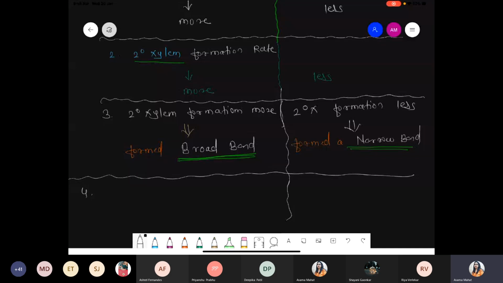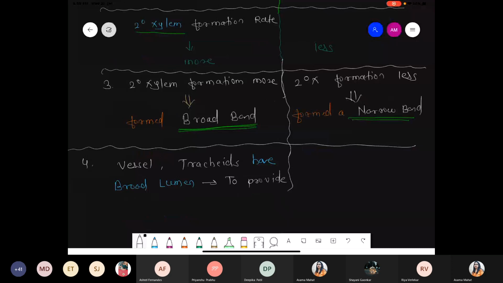To fulfill this water requirement, the vessels and the tracheid cells that are present have a broad lumen. Lumen means what? Central region. And why are we talking about the broad lumen? To provide more water.